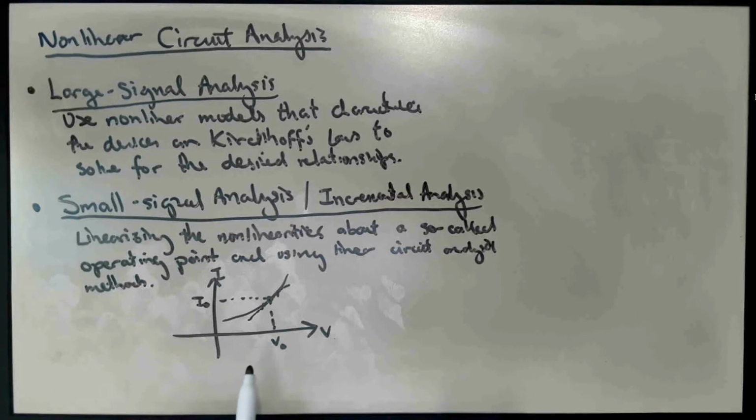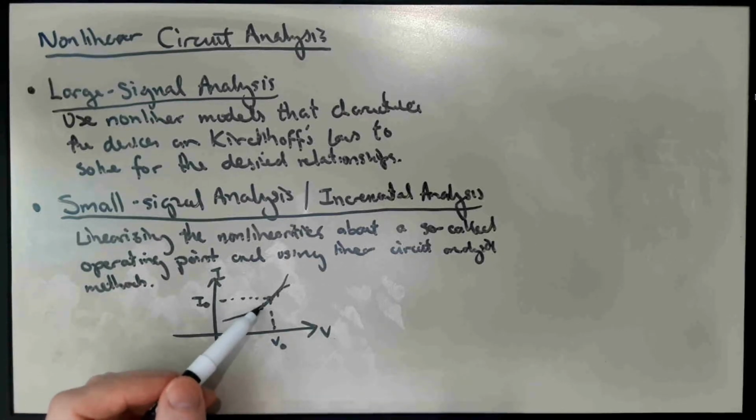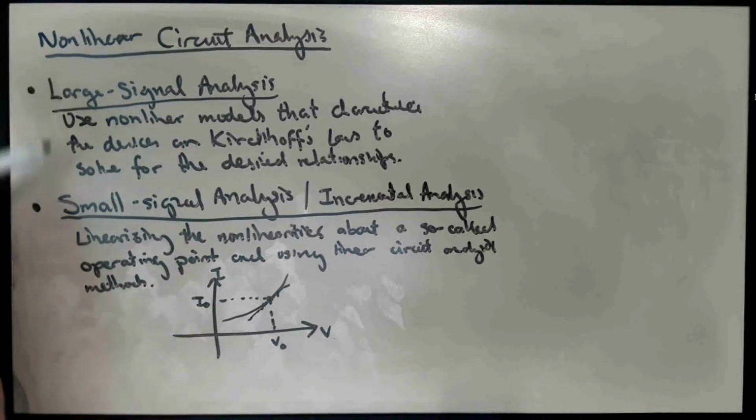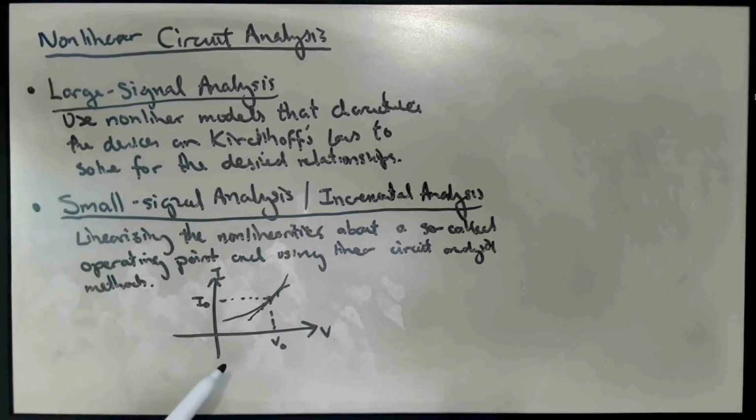For other circuits and other types of nonlinear elements, a small signal might be only a few millivolts. And to some extent, it also will depend on how much distortion we can tolerate. And so this division between large signal and small signal analysis is somewhat fuzzy and context dependent.